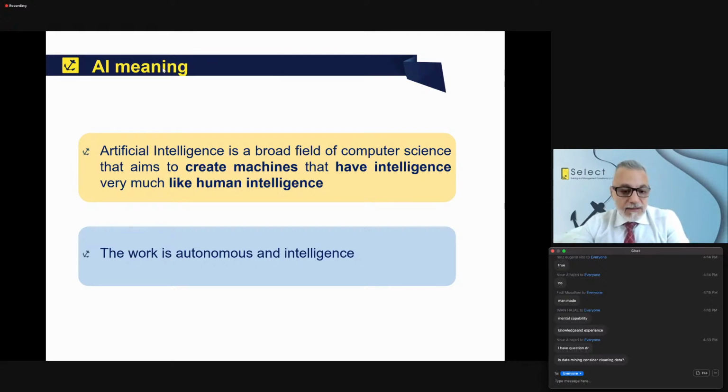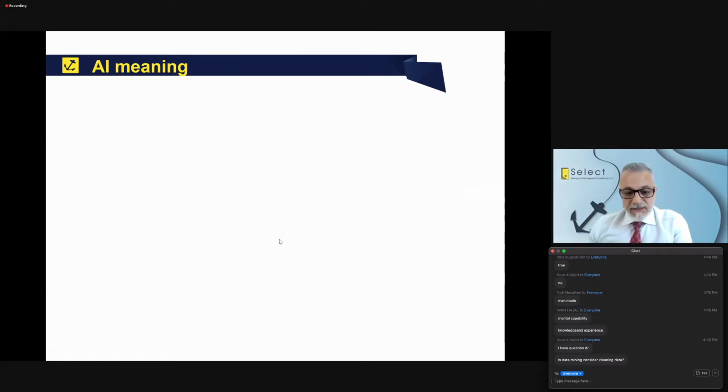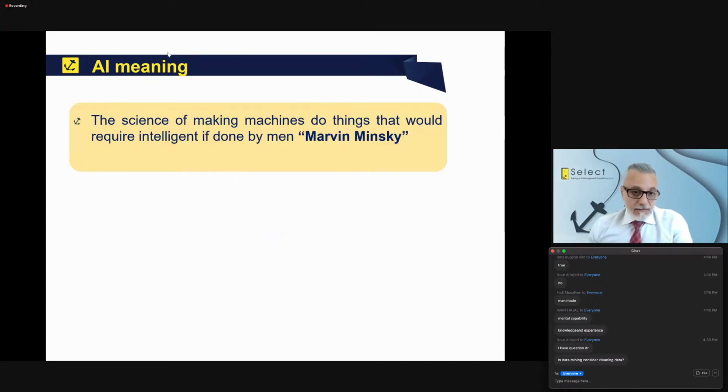So I'll create a system and apply it, for example, in inventory. So this intelligent system can manage the inventory, do the planning for the inventory independently and take a decision. That's why it's working. If it doesn't work independently, it's not intelligence. So the work is autonomous and intelligent.